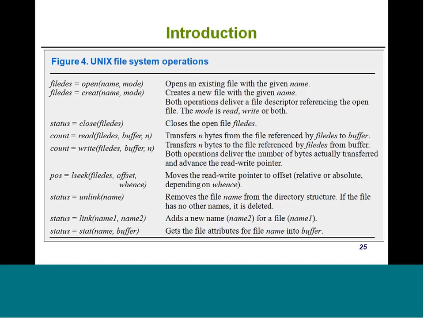The file descriptor is in this filedes, which stands for descriptor, and is just a number that it returns. It's typically a pointer to the head of a section of memory where that particular file is getting stored.